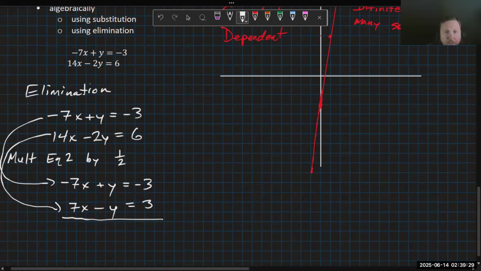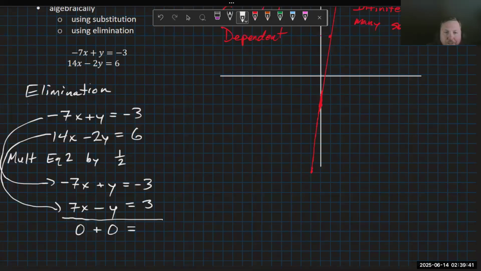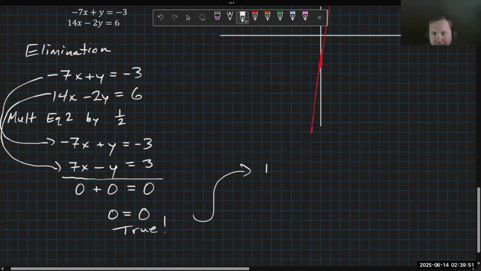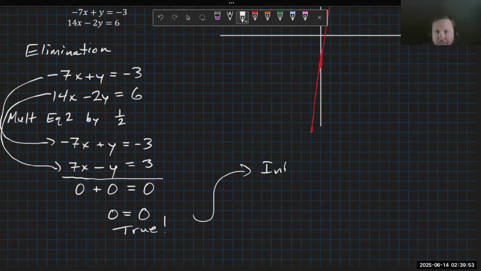Okay, so now I'm going to add these together. Negative 7x plus 7x is 0. y plus negative y is 0. And then negative 3 plus 3 is 0. So now I have 0 plus 0 is equal to 0. So 0 is equal to 0 is a true statement. And again, we get infinitely many solutions.